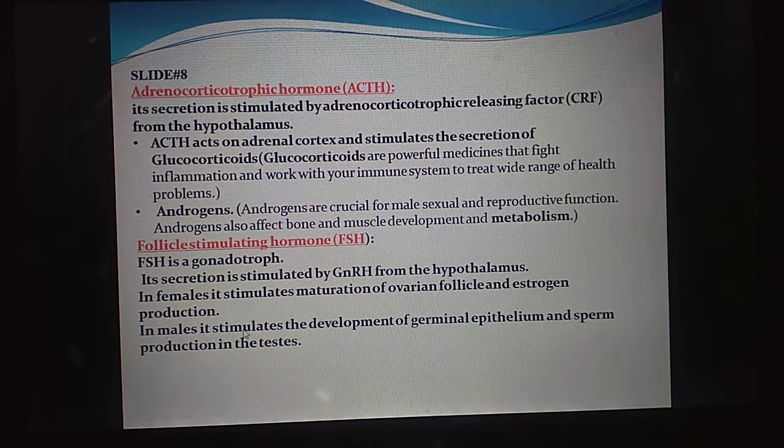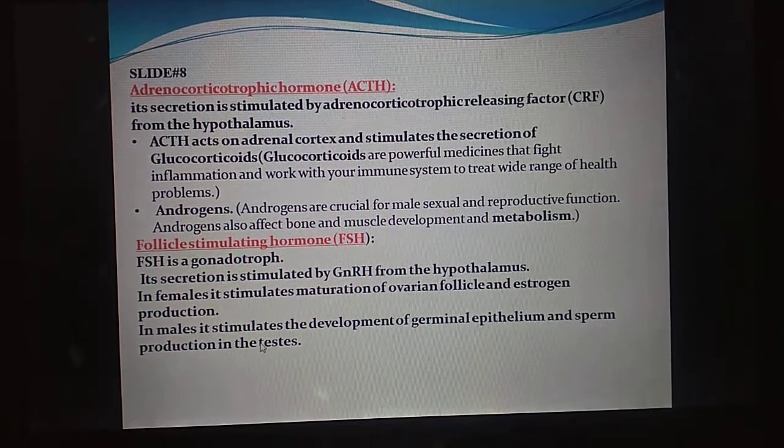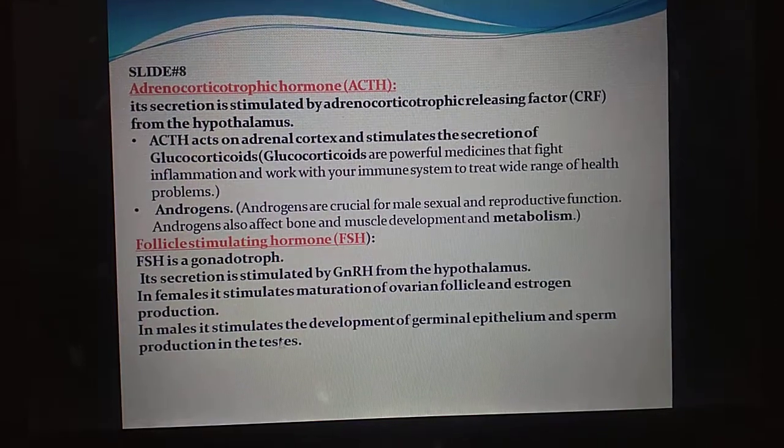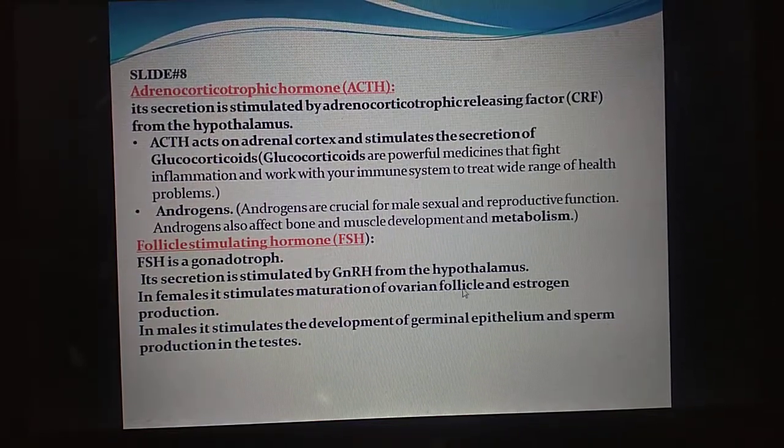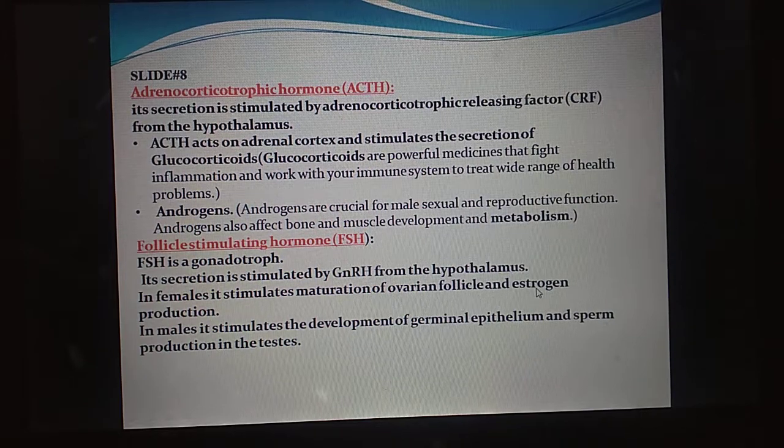Right. In male, it stimulates what? The development of germinal epithelium and sperm production in the testicle. Let's see. Okay, in male, what's the function? In male, its function is the development of germinal epithelium, while in female, that is basically the maturation of the ovarian follicle and then the production of a female sex hormone, which is called estrogen.